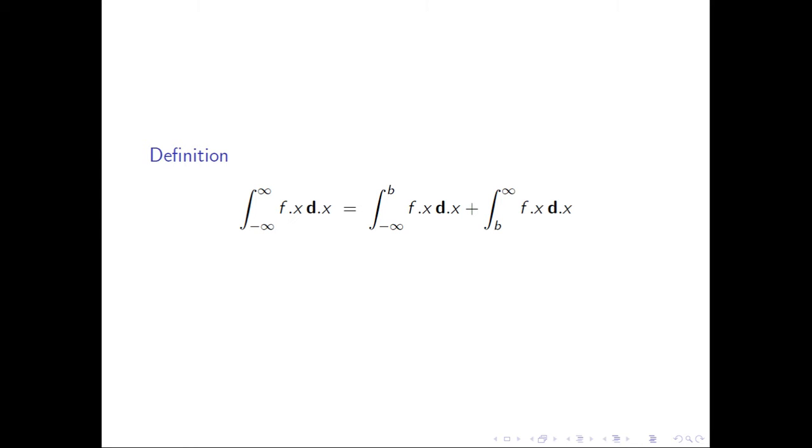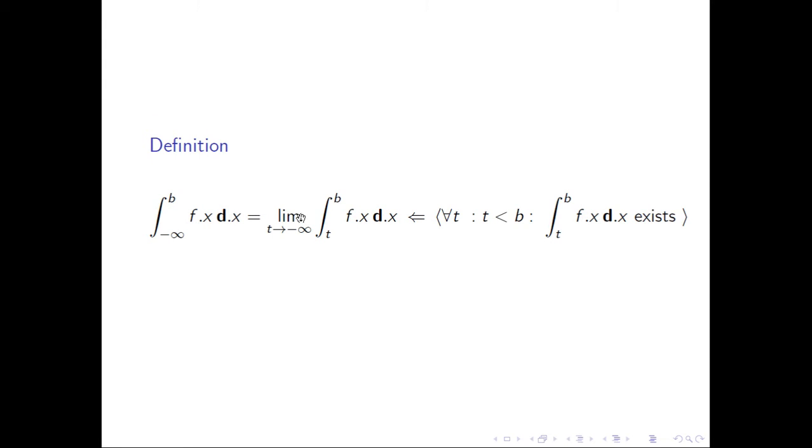So you can just choose any number between negative infinity and positive infinity, and you can split up your integral. So now instead of one big integral, you're doing two different integrals. These are both sort of proper integrals. Okay, that's good, but we need more than that.